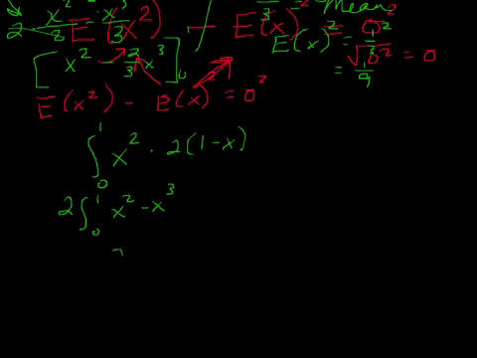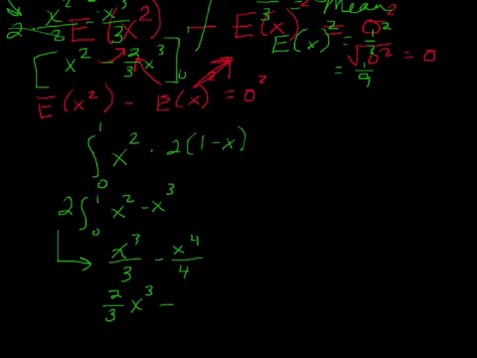I'm going to have x cubed over 3 minus x to the 4th over 4. Then distribute that 2 to everybody. So I have 2/3 x cubed minus 2/4, and I'm going to go ahead and reduce that to 1/2. Go ahead and apply your 1 and 0.